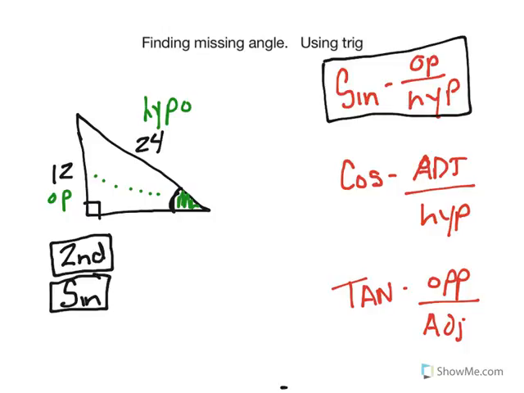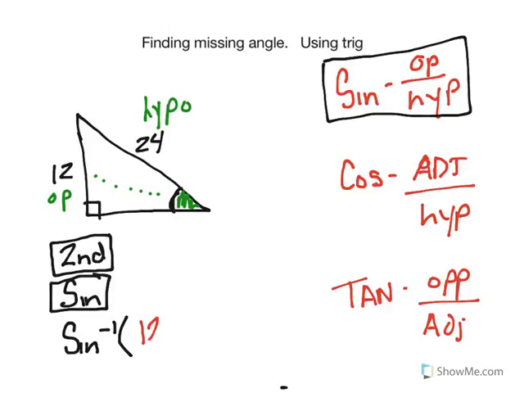Now, when you do that, this is what you should see on your calculator screen. This is the function to find an angle measurement. So we're going to hit second sine, and then I'm going to put in opposite over hypo. And when I say over, we're going to use the division bar.